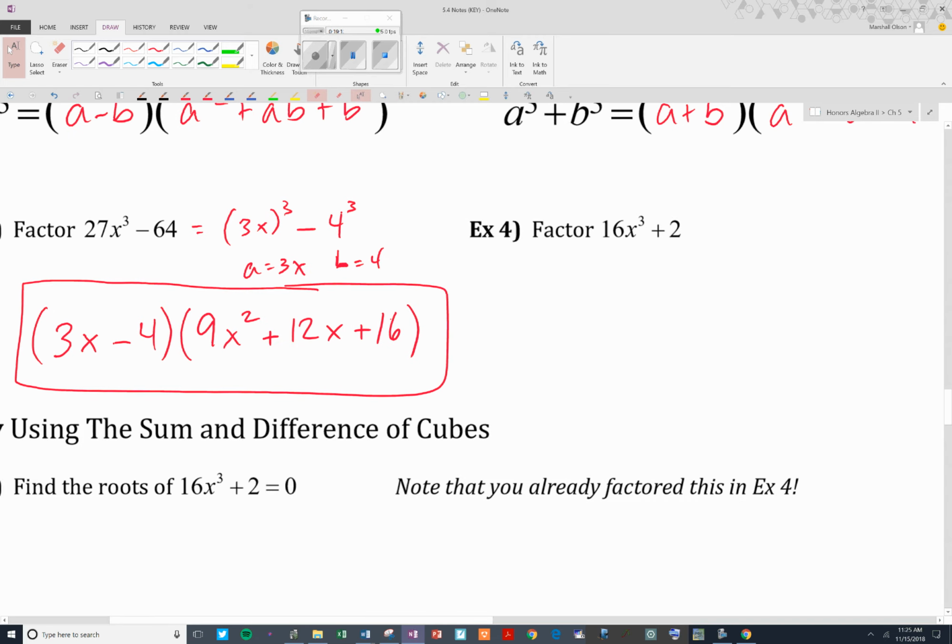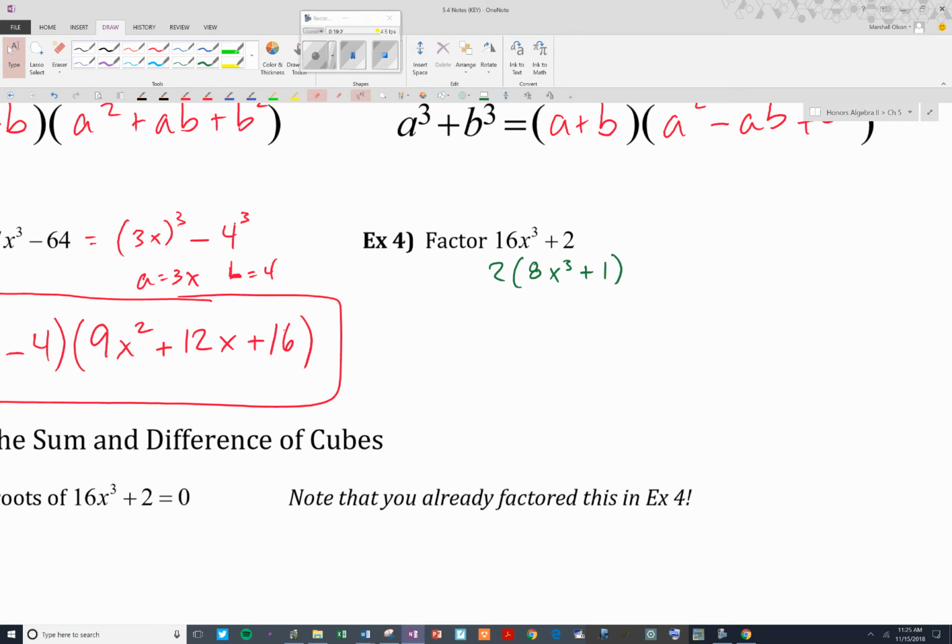You got another one here. Maybe you notice right away, neither 16 or 2 are perfect cubes, but that's because we can actually pull a 2 out first. And we're going to make sure to put that in our final answer then, the 2 that we pulled out. So a, what we would cube to get that, is 2x. B is 1, because you cube 1 to get 1.